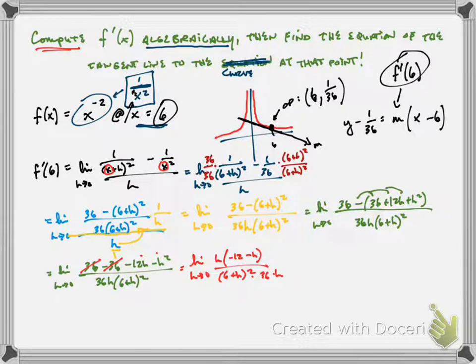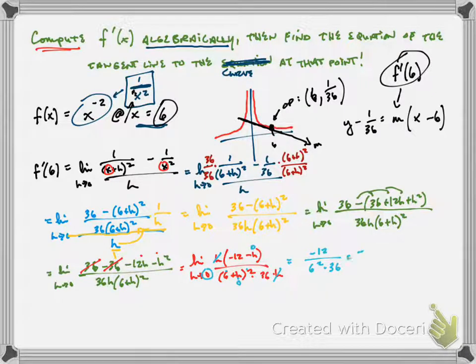These h's reduce to 1. And if you look carefully, you can put 0 in for h now, because if you put 0 here and 0 here, you're not breaking any rules. So what we have finally is negative 12 over 6 squared, because you put 0 in for h here, so that's going to be 6 squared times 36.